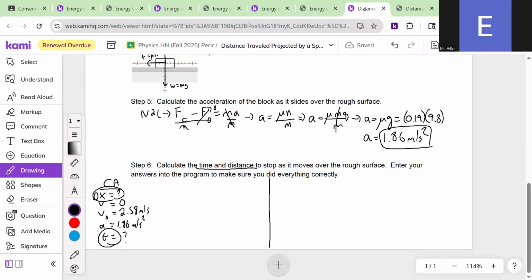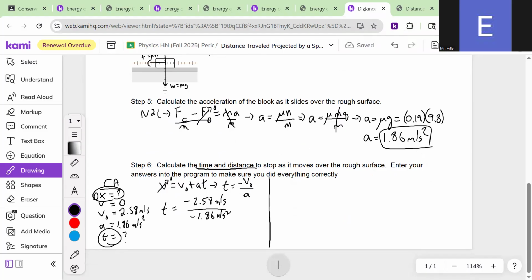As I mentioned earlier, if you look at the combination of data here, I can find time using equation 8, v equals v naught plus at. v is 0, so if I subtract v naught and divide by a, time is equal to negative v naught divided by a. So negative 2.58 meters per second over negative 1.86 meters per second squared.